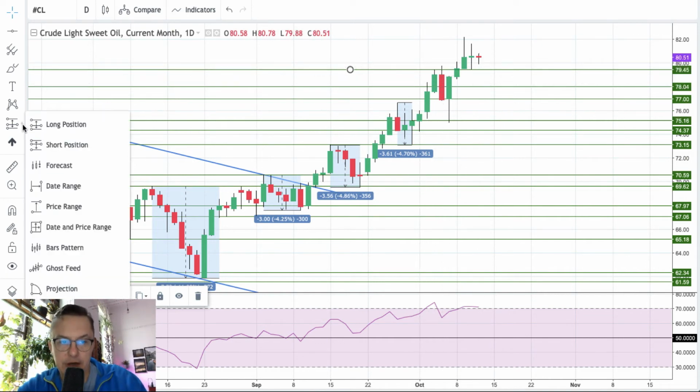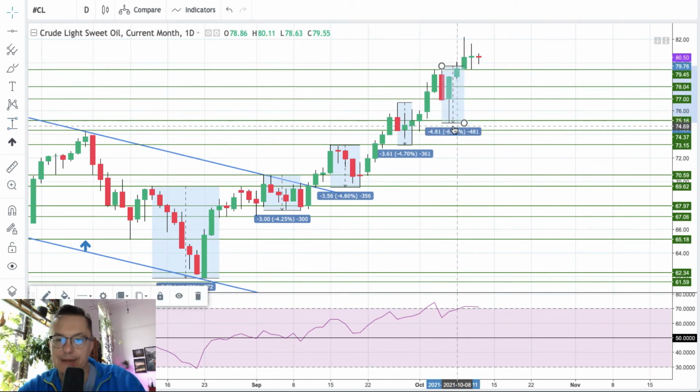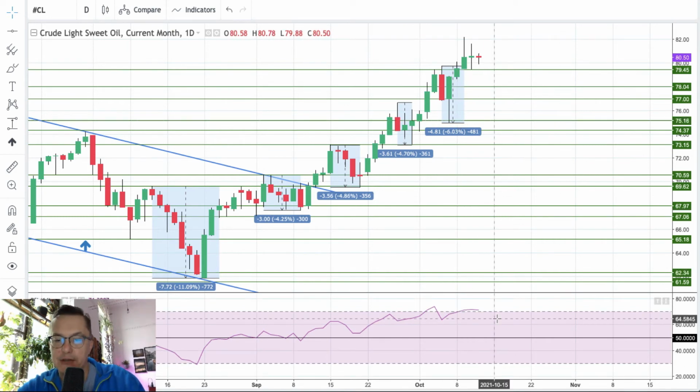The recent correction, if we put the price range indicator, is at 6%, so that's a bigger correction than the usual 4 point something correction. So that's a first indication something is going on here. And please pay attention to these extremely overbought market conditions, because they might tell us a little bit about the current situation of the bulls.